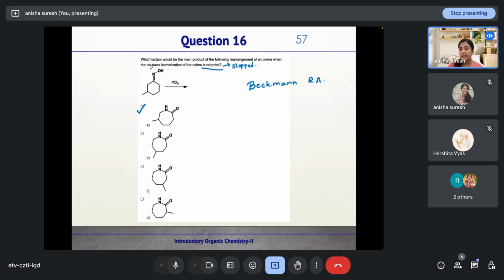So that is the migratory aptitude in case of Beckmann rearrangement. So this group will be migrating to this side and this OH will be getting removed. Okay, we will see the mechanism.